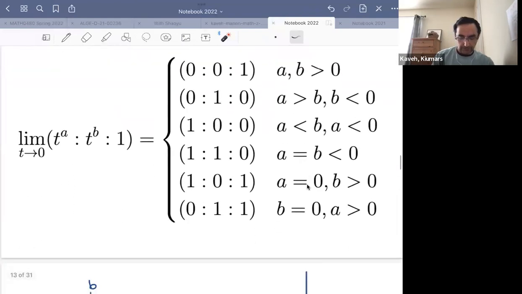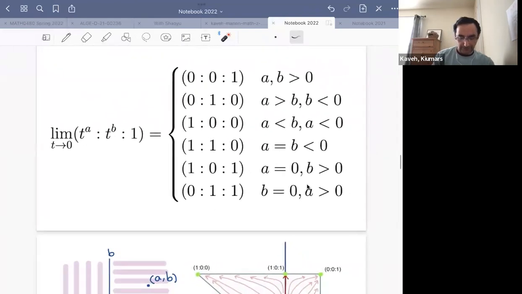I like to show this in my talks. So you have 6 limit points, actually 7 if I consider a to be 0, b to be 0. Then the one parameter subgroup is constant, so I have the constant one, which is 1, 1, 1.